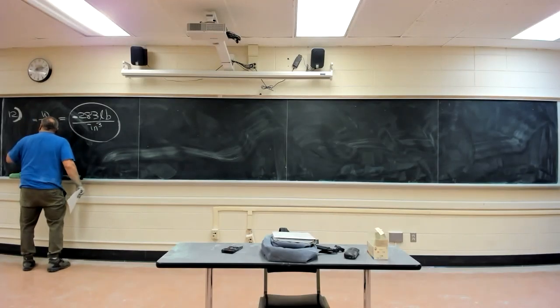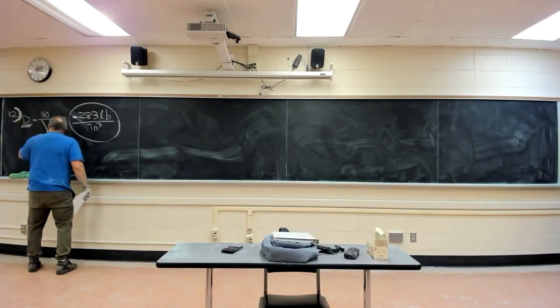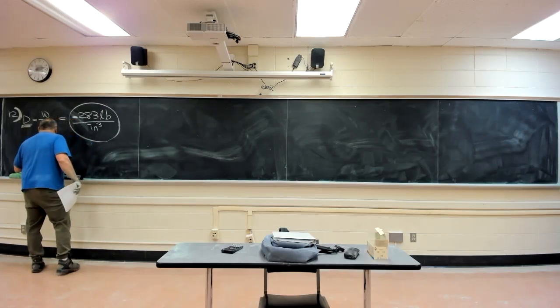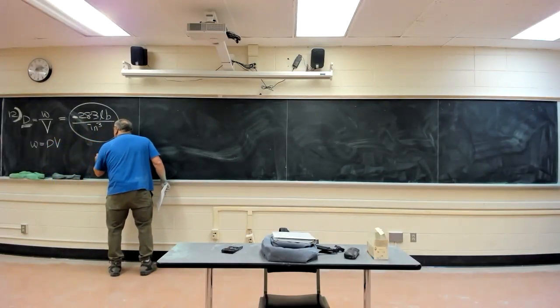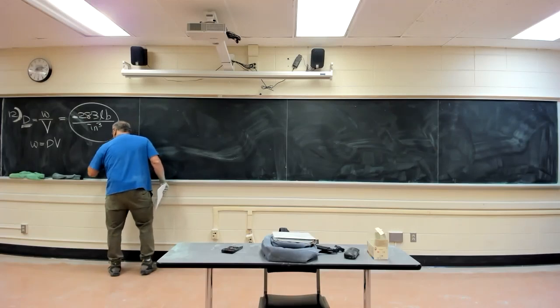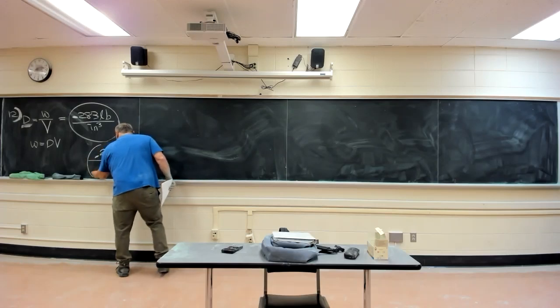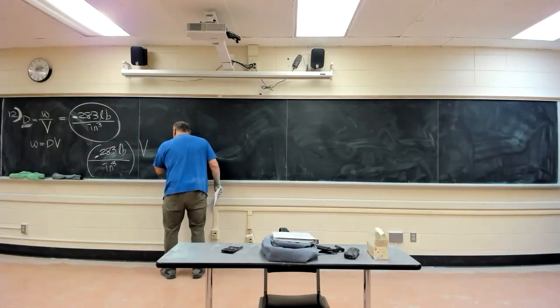I'll use the word D for density, for weight density. So if I want to find W, I'll multiply by V on each side. I get the density times V. If I multiply by V on each side, I'll get W. Well, I'll take this 0.283 pounds per cubic inch, and I'll multiply it by the volume. And that will give me the weight.